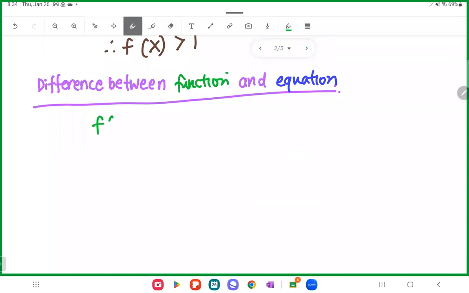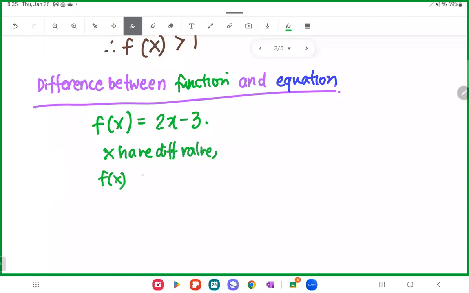Let's say, for example, I have f(x) equals, so when my x has a different value, my f(x) has a different output.